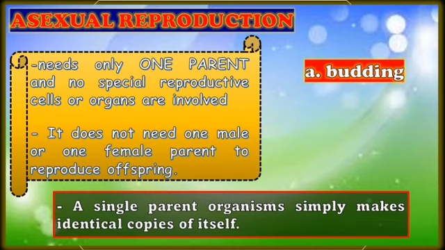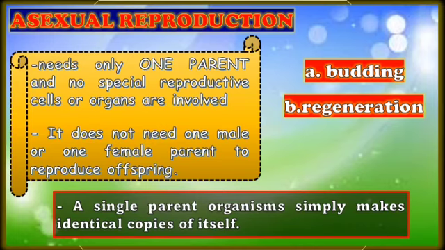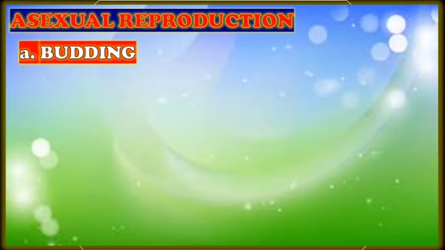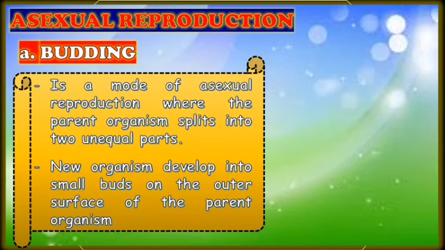Just like we have budding, we have a process of regeneration, and we have a process of parthenogenesis. Let's proceed first to the first one, which is budding. It is a mode of asexual reproduction where the parent organism splits into two unequal parts.